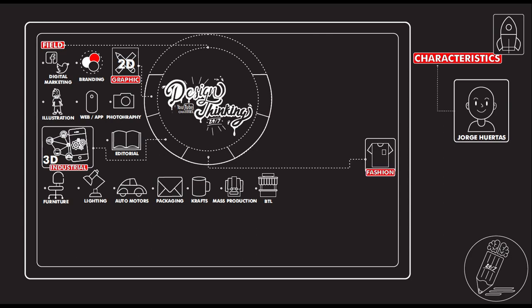Then we have fashion, and in fashion we also have a lot of things that are very big and very important. We have jewelry, accessories, and clothes, and clothes is extremely big because we have shoes, sneakers, t-shirts, dresses, pants, anything that you can imagine that you can wear may be part of that.